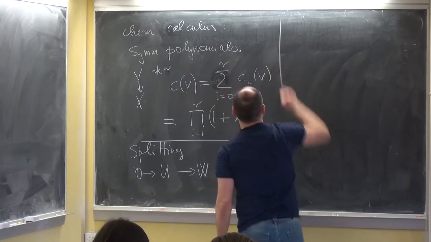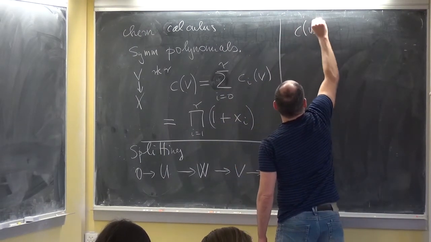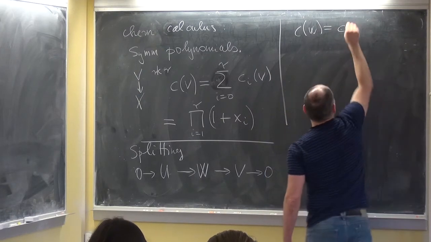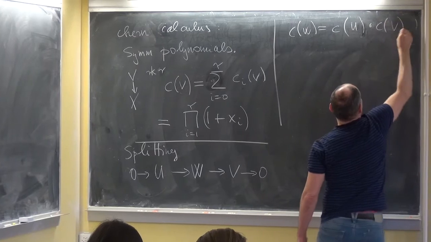But anyway, the splitting principle says that this is always true: the total Chern class of V is equal to the total Chern class of U and W, the product of the two.